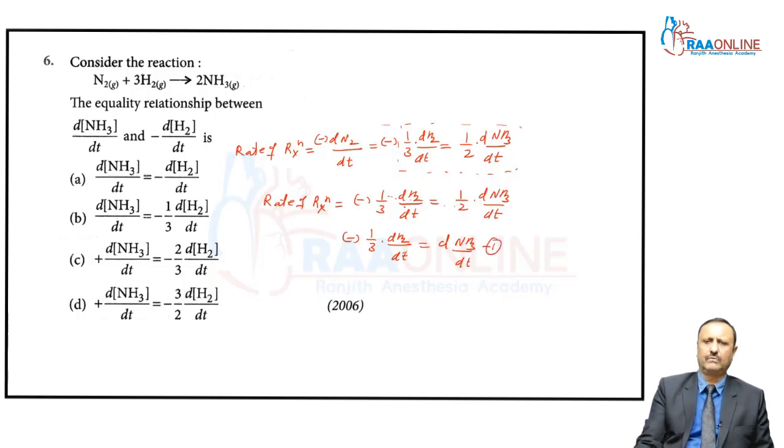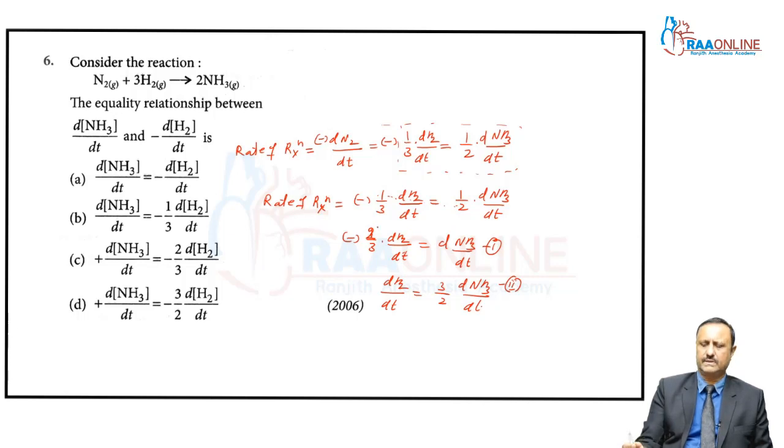When you want the relationship of hydrogen, then 3 goes inside, and you can see here dH2 upon dt equals 3 by 2 dNH3 upon dt. In this way you get the second equation. In this way, my dear students, you can see the first and second equation. Here dNH3 upon dt equals 2 by 3 dH2 upon dt, because 2 goes to the upper side.